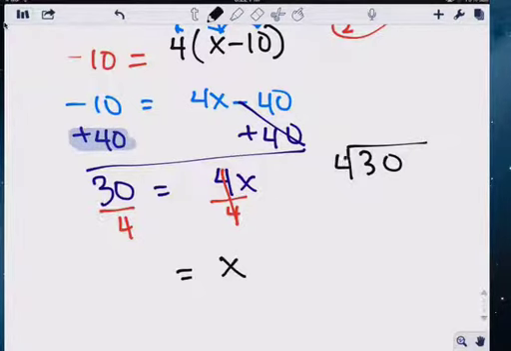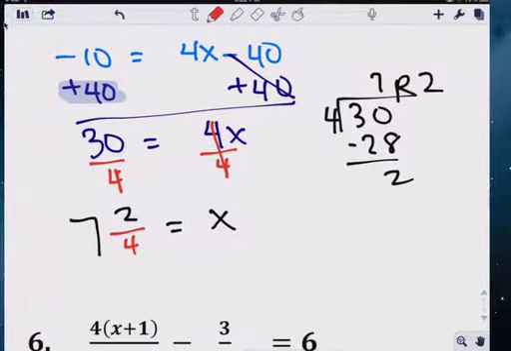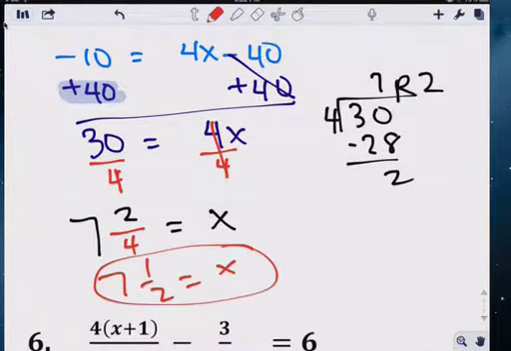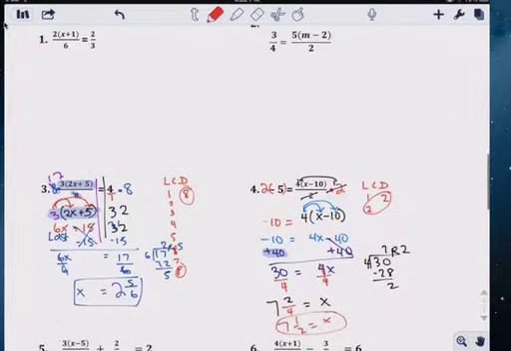Divide by 4, goes into it 7 times, 28, remainder 2. So your answer is 7 remainder 2 over this denominator of 4 right here. It can be reduced to 7 and 1/2 equals x. That's your answer. And then we can skip 5 and 6.